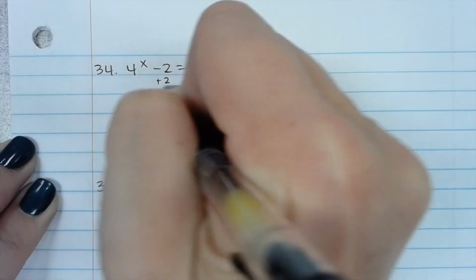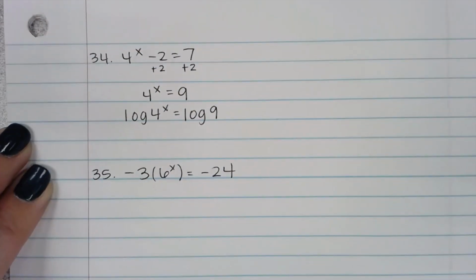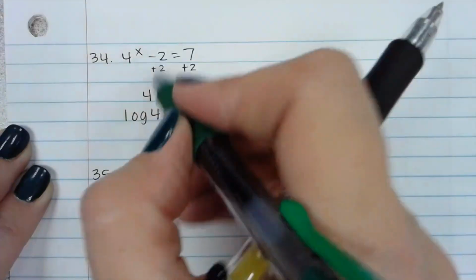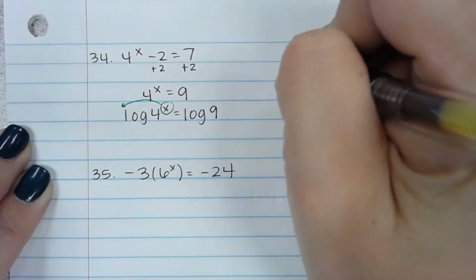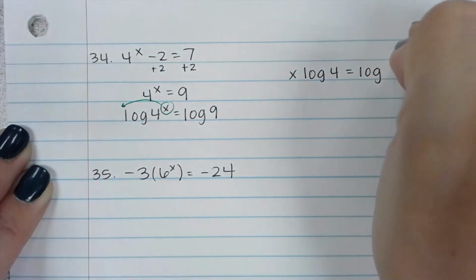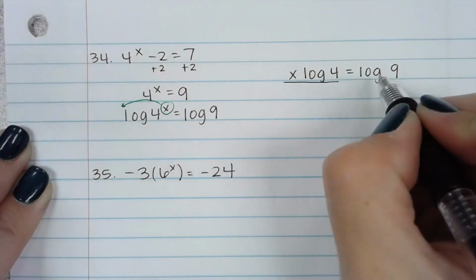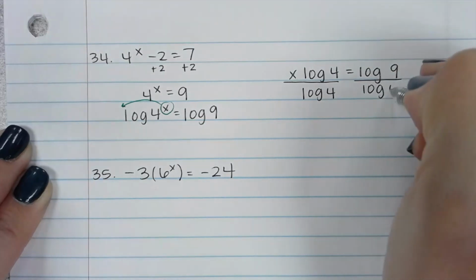Taking the logarithm of both sides of this equation seems like it's making it more complicated, but it actually helps you because it lets this x flip out to the front. So my problem is going to become x log 4 equals log 9. And then to finish solving, to get the x all by itself, I would need to divide both sides by log 4.